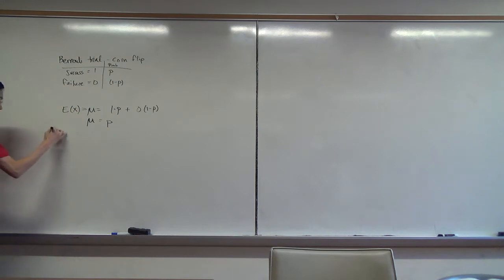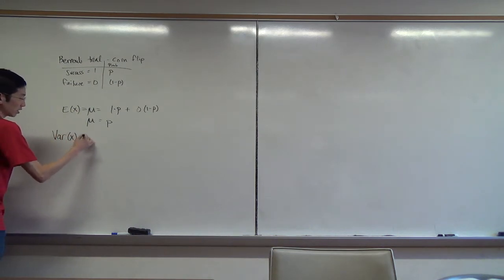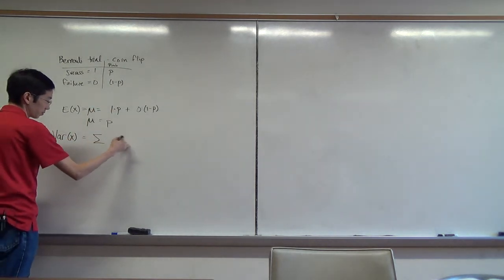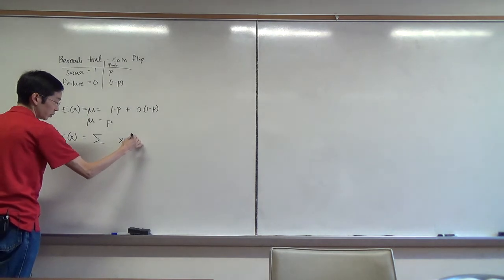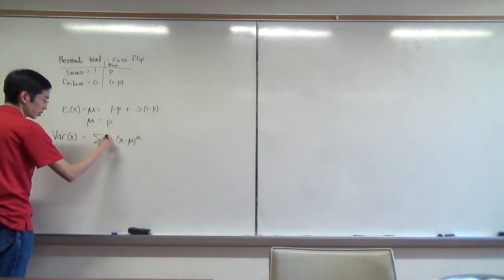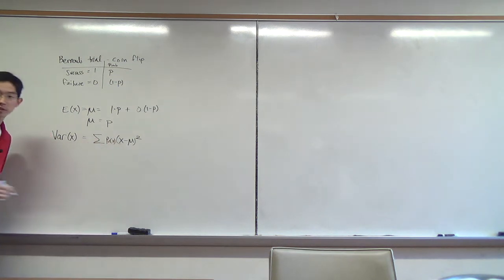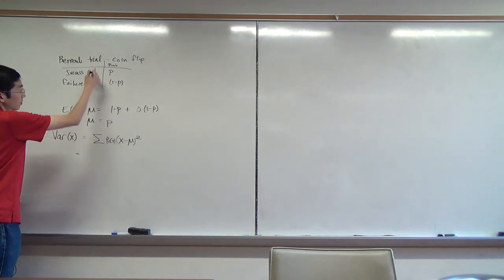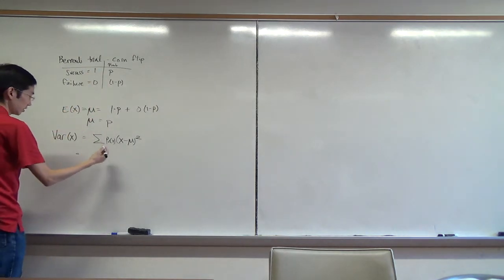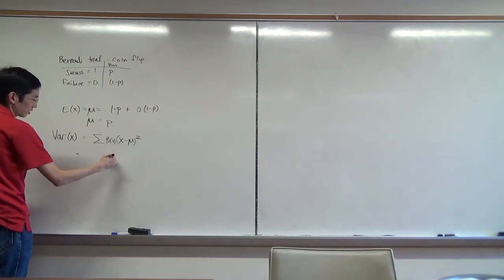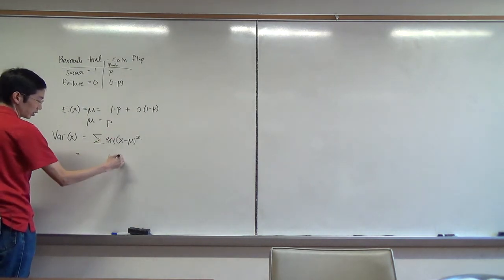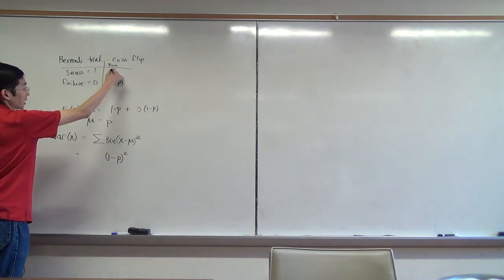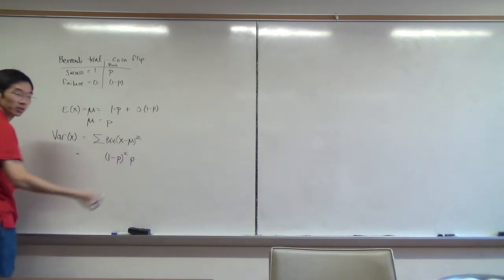Okay? And then if we want to go for the variance of x, we're going to take each value. So the variance is x minus mu squared times the probability of x. So the first one has a success value, it's 1 minus the mean, which is p. I'm going to square that, and I'm going to multiply it by the probability of that happening, p.